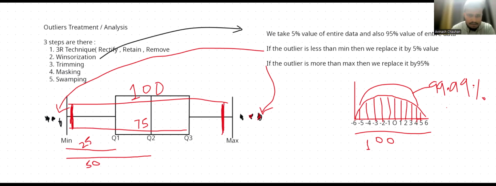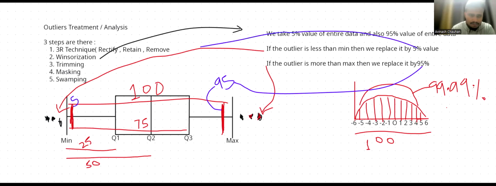This is my 95% of data, this particular value, and this is basically the 5%. So this is the 5% of data.